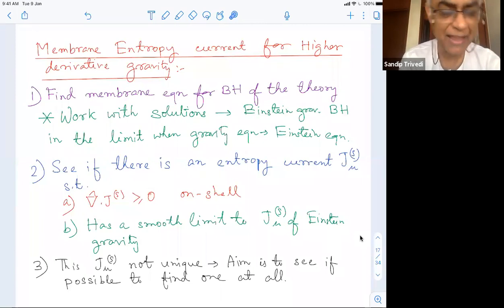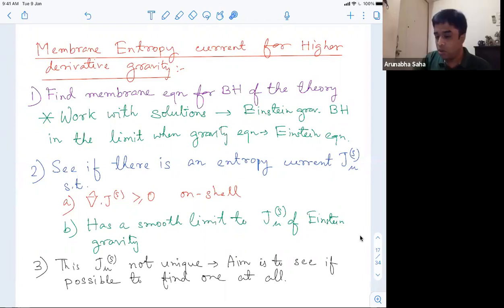Arunabha, I understand what you're imposing about the limit agreeing with Einstein gravity. It sounds like a good way to throw away spurious solutions. But just to understand, are you taking the higher derivative corrections to be small? No. I'm saying that you can take it to any value, but suppose there's a parameter alpha.